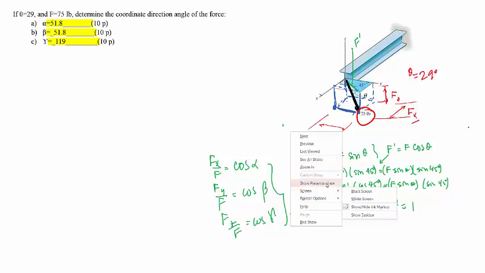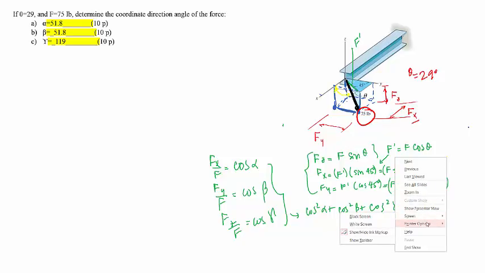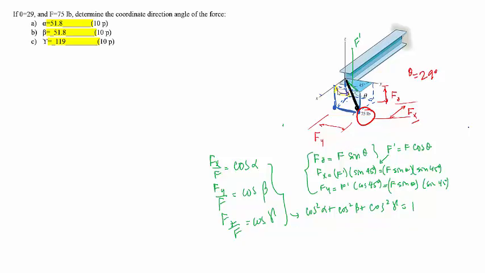Let me use the yellow this time. So what is alpha, beta, and gamma? Well, this would be alpha, and from here to here would be beta.